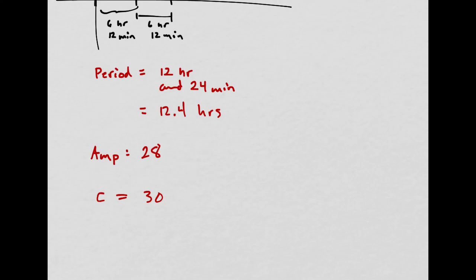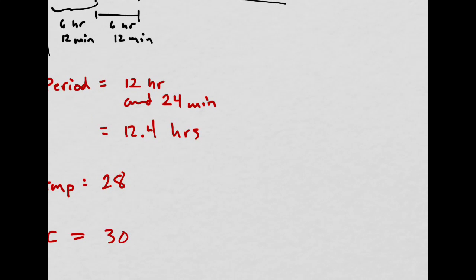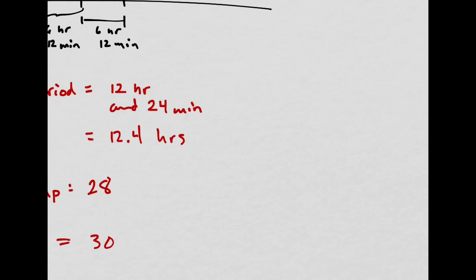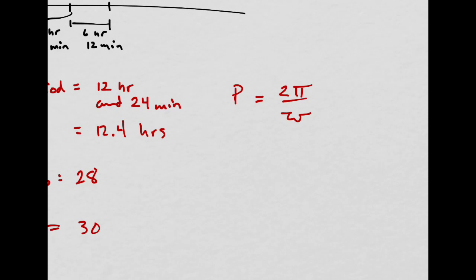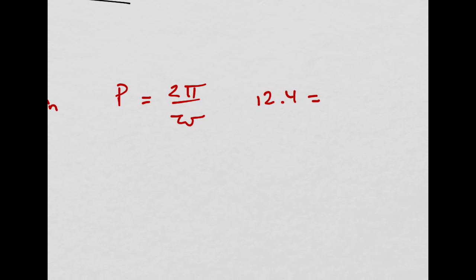So just from looking at the formulas in our table, in the book, the period is supposed to be just 2 pi divided by omega, and we already know that the period is 12.4 hours. So that's going to be 2 pi divided by omega.